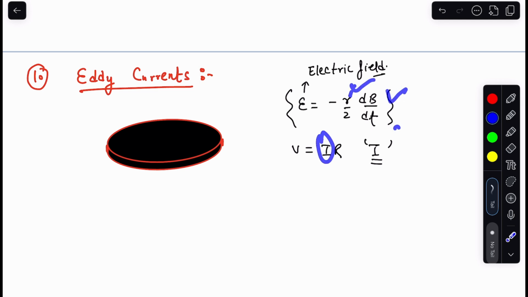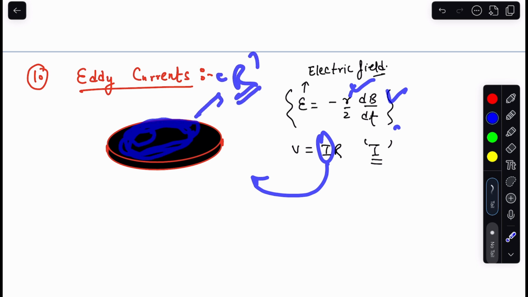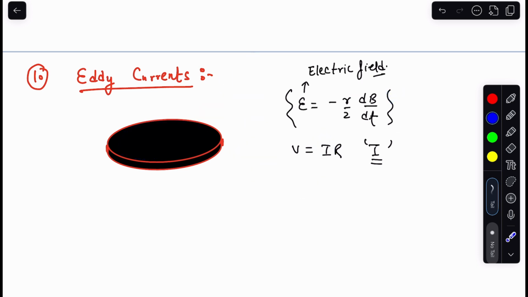If you want, you can also calculate the current. Let's suppose I go to the loop of radius R. I can find the resistance of that loop and the EMF of that loop, then apply V equals IR, and I can get the current in this loop. One more thing: the electric field which is generated forms a closed loop, unlike the electric field in electrostatics.